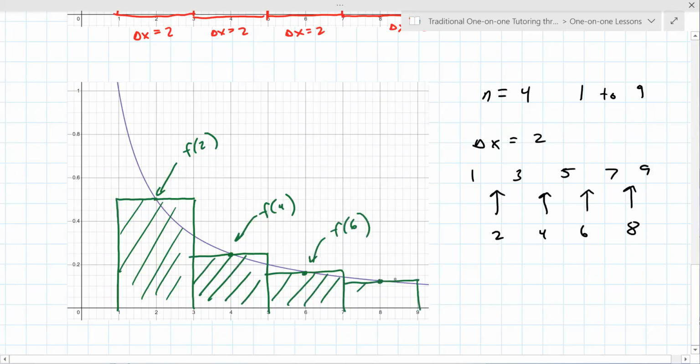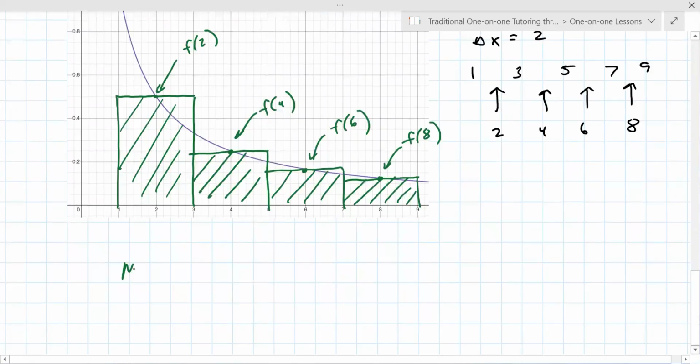Now, a harder question to answer is whether this is an underestimate or an overestimate. You probably would not be asked that because it's pretty tough to actually figure out. But compared to the other ones, this is actually a better estimate because some of this area is really this area. So this one's even better than a left sum or right sum in most cases.